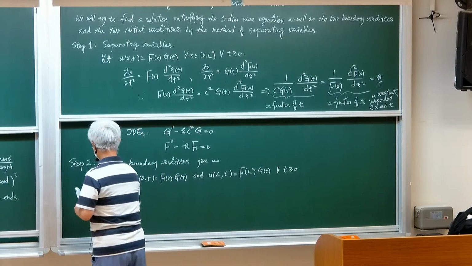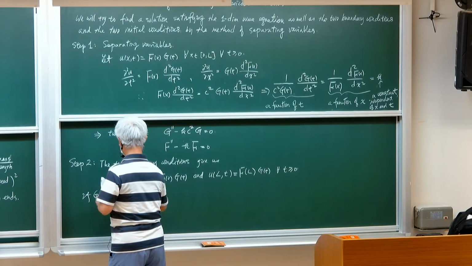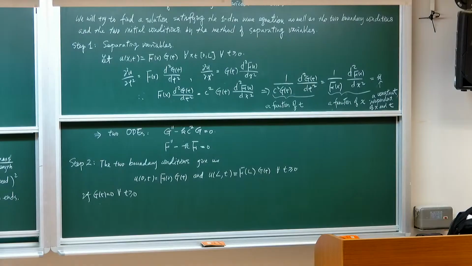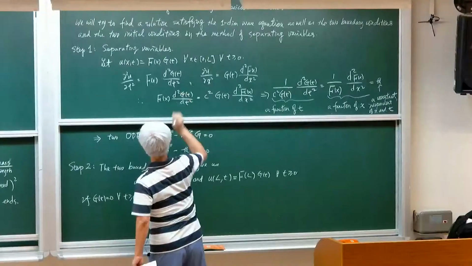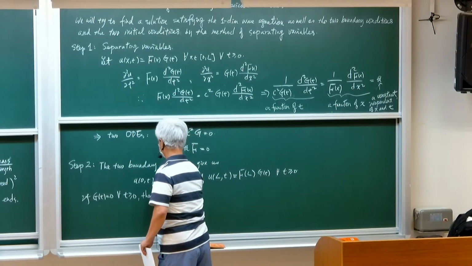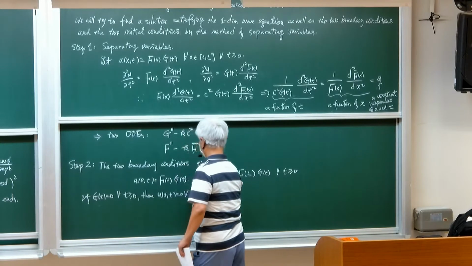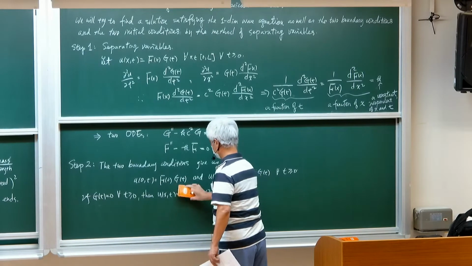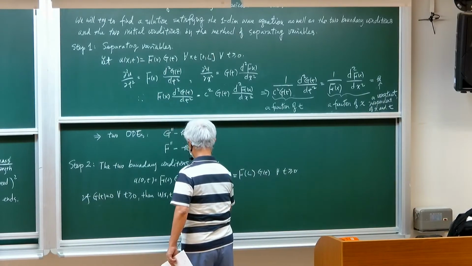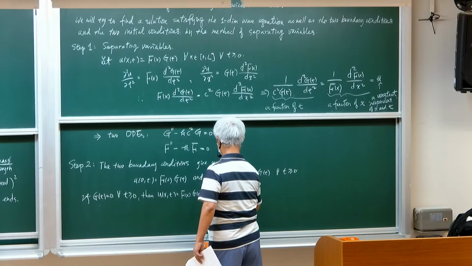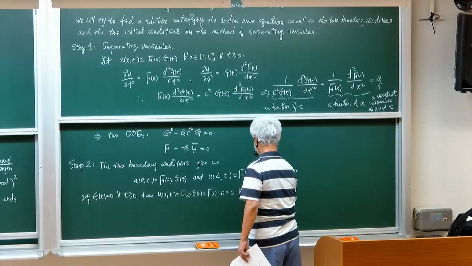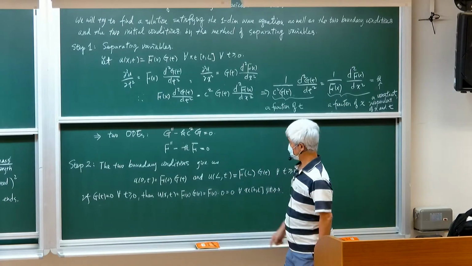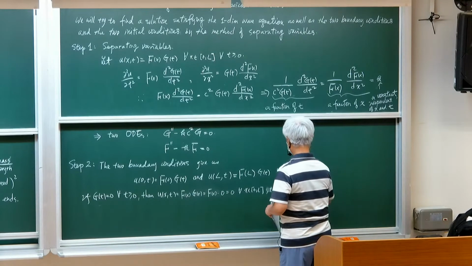Now, if g(t) is 0 for all t greater than or equal to 0, then U(x,t) should be 0 for all x in (0,L), and so the solution would be 0, which is trivial.